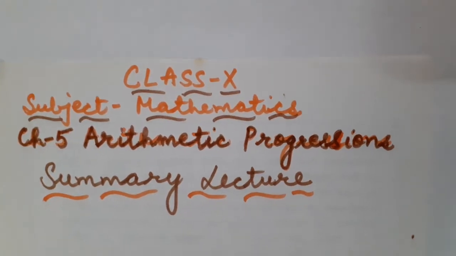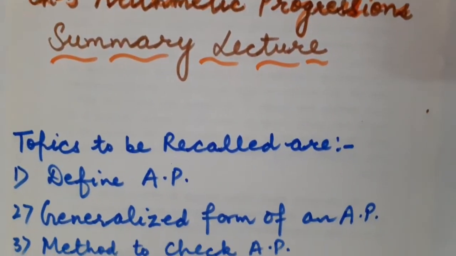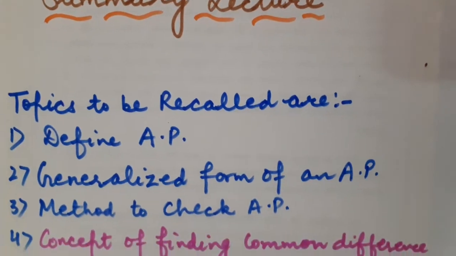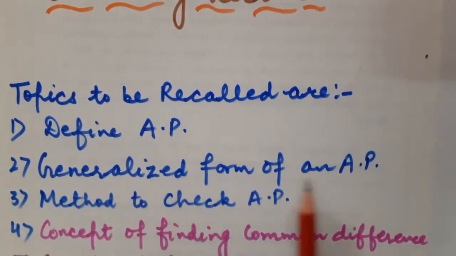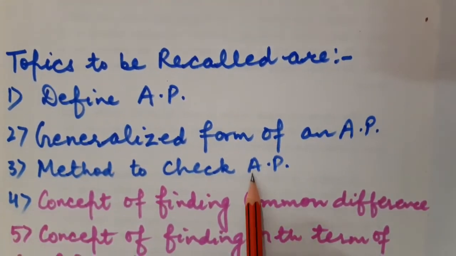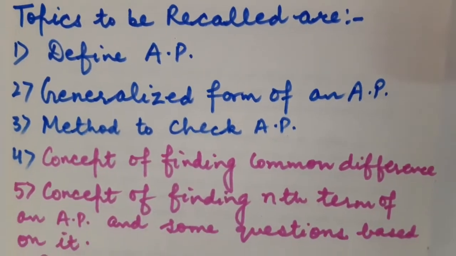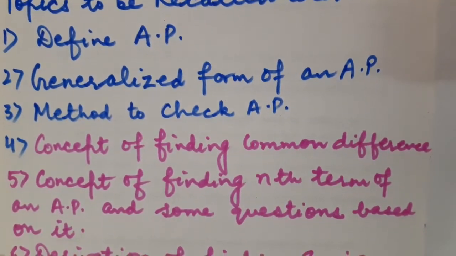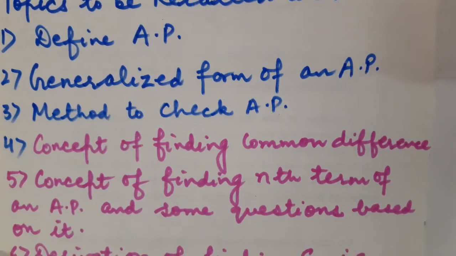The topics which I am going to recall are: number 1, the definition of arithmetic progression; number 2, generalized form of an AP; number 3, method to check AP; number 4, concept of finding common difference; number 5, concept of finding the nth term of an AP, and of course some questions based on the same concept.